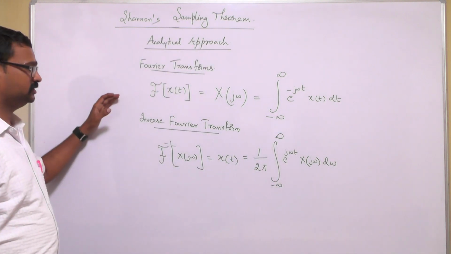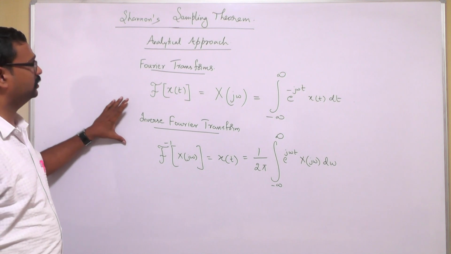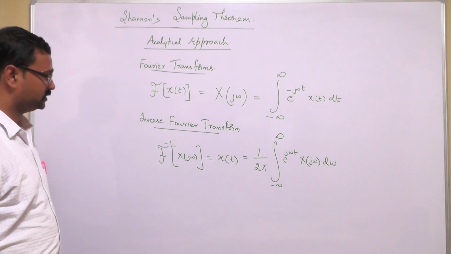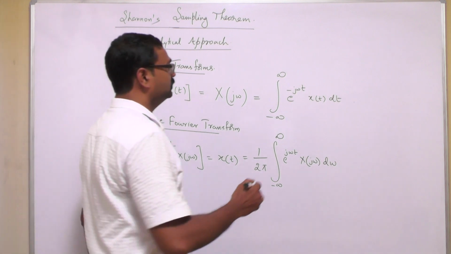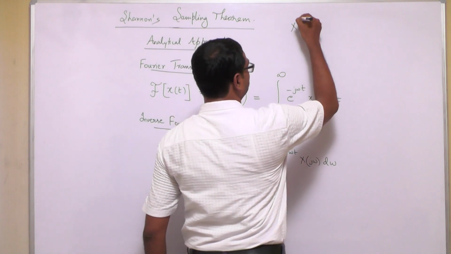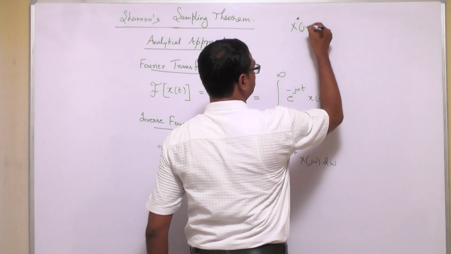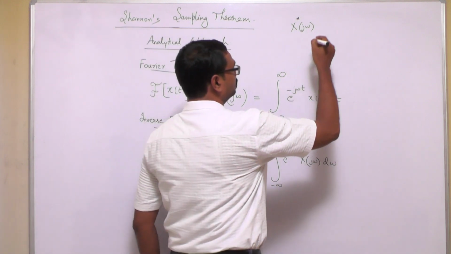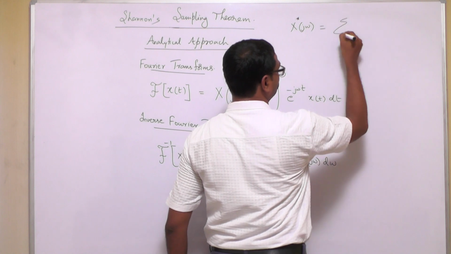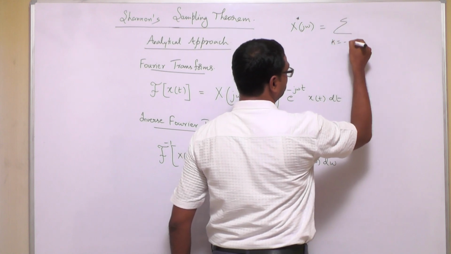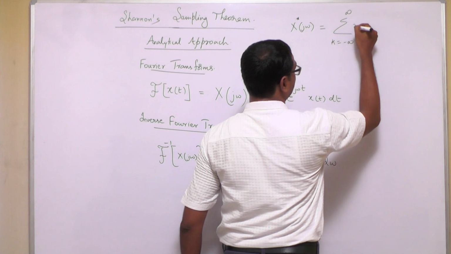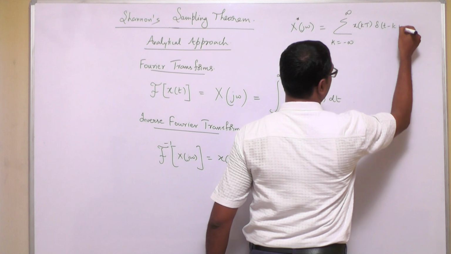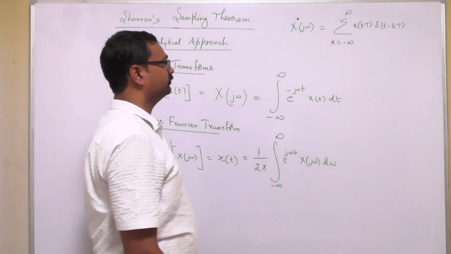Using these two formulae, we are going to analyze the analytical approach for Shannon's sampling theorem. Now we know that x star is the sampled data signal we are going to work on, and without loss of generality, it is the sum over k from minus infinity to infinity of x of kT into del of t minus kT.